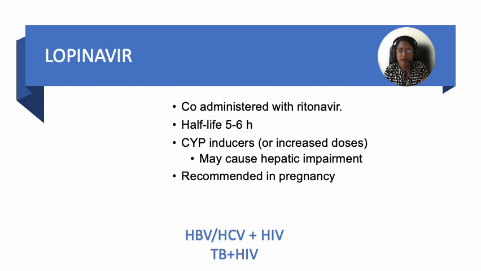So the dose of ritonavir is increased or doubled that of the standard lopinavir ritonavir combination. So we know that ritonavir and lopinavir comes in a combination. When there's a TB patient in the absence of rifabutin, and to substitute with rifampicin, you use a double dose of the ritonavir, a higher dose of the ritonavir.